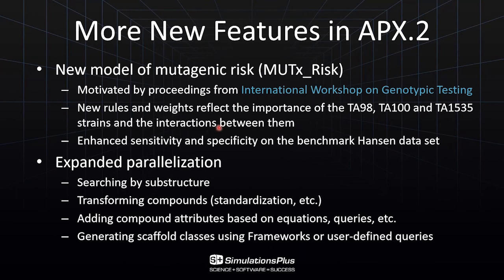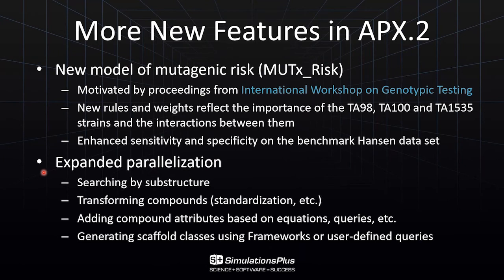The model has new rules and weights that reflect the importance of the TA98, TA100, and TA1535 strains and the interactions between them. This new model exhibits enhanced sensitivity and specificity on the benchmark Hansen data set. Full details about this model are provided in our user manual.